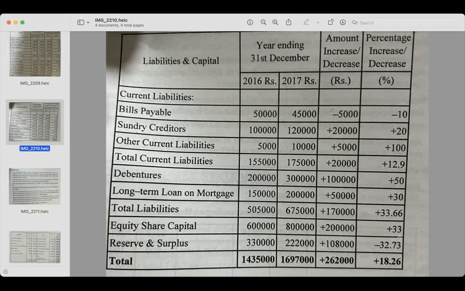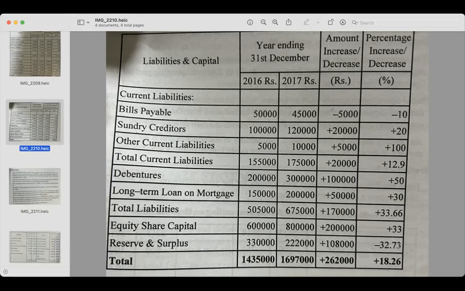Fine. Yeah, look at this. This is not increase. This is a negative symbol. It's a typographical error. 330 became 222. It's a minus symbol. So please note this. It is minus 32.73.